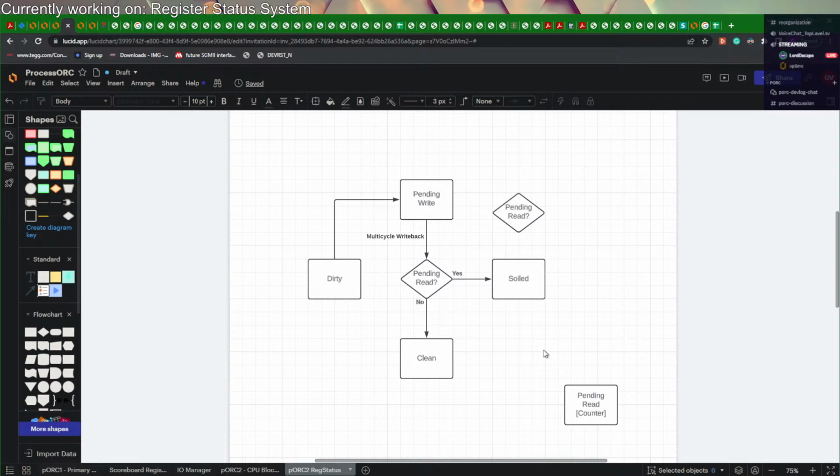Now, if you're soiled, if you get an issued instruction, issue writing instruction.